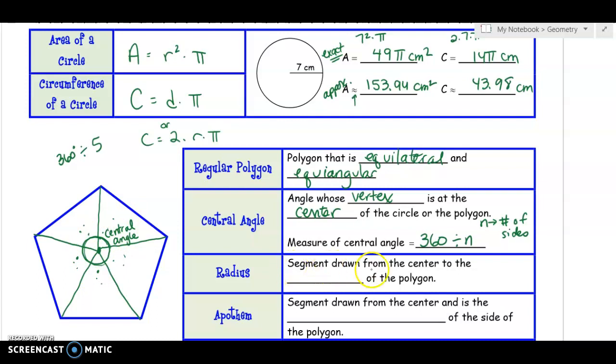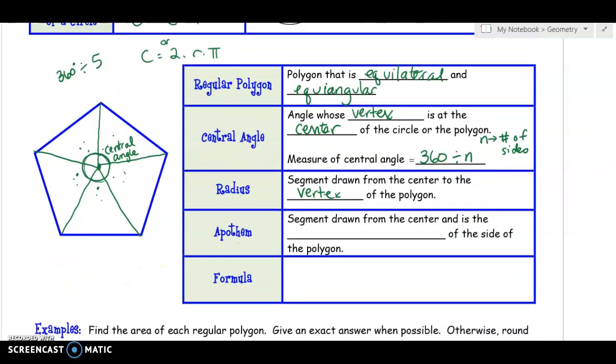A radius is a segment drawn from the center to the vertex or corner of the polygon. Each of these green lines that I drew here, those are radii. An apothem is a little different. An apothem is a segment drawn from the center that is the perpendicular bisector of the side of the polygon. So an apothem goes from the center straight down to the middle of the opposite side.